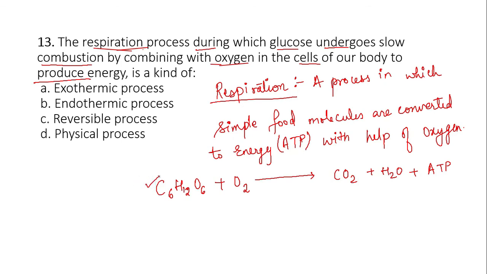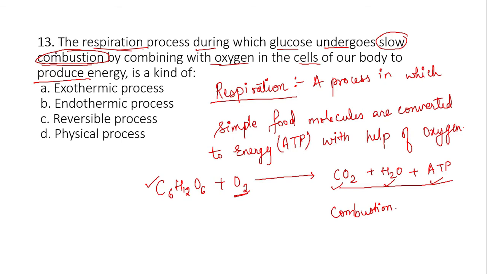An organic compound on reaction with oxygen is completely decomposed to three things, that is CO2, H2O and energy. This is exactly what happens in a combustion reaction. Hence it is said slow combustion. So this is why respiration is said to be a slow combustion reaction by combining with oxygen. I hope this is clear.